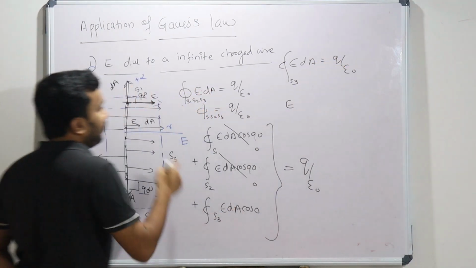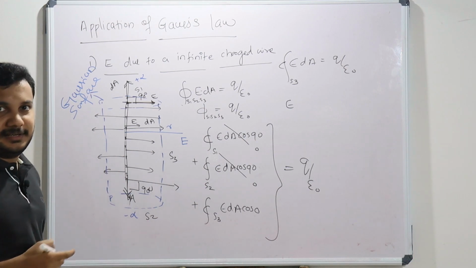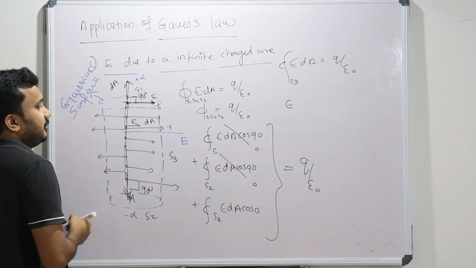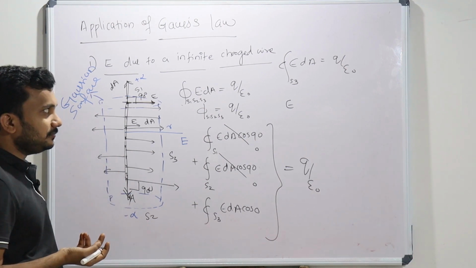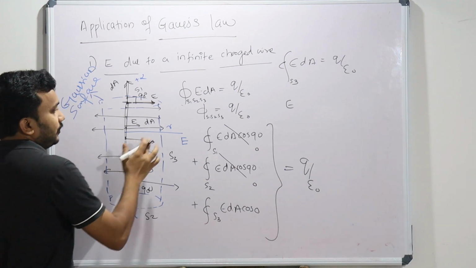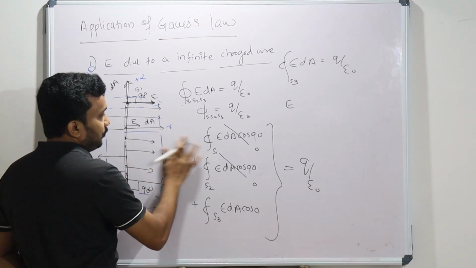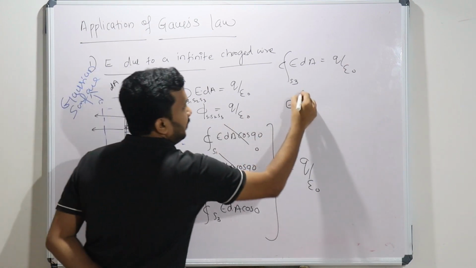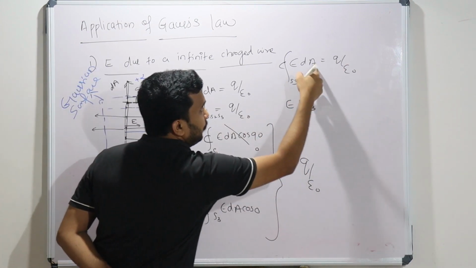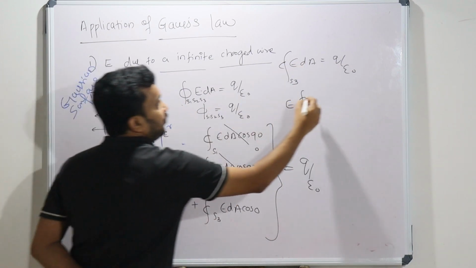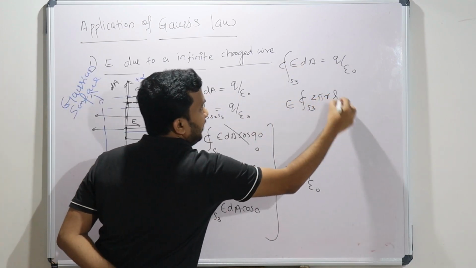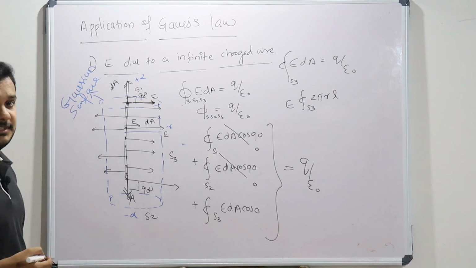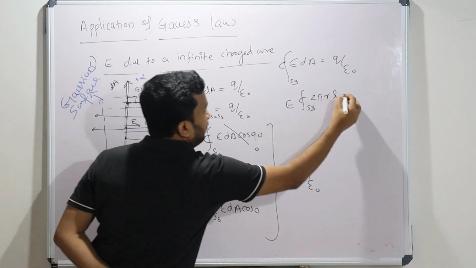So E into, what is the surface area of a cylinder? The surface area of a cylinder involves its radius. Suppose I am going to find the electric field at a distance of r meters away. So the integral over S3 of dA, the area of this cylinder, will be equal to 2 pi r into L. This is the area of the cylinder. Okay, small classes we have learned, right?